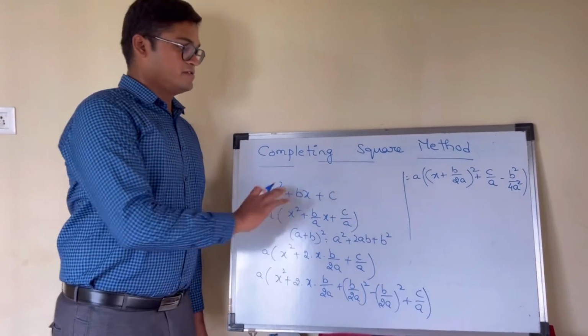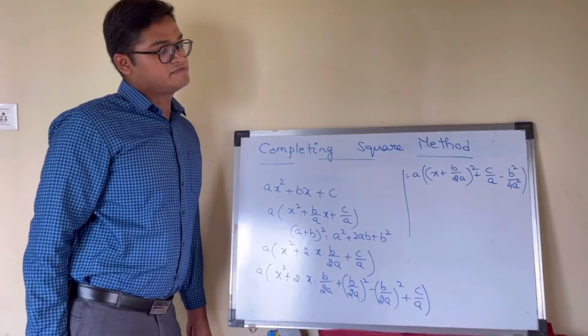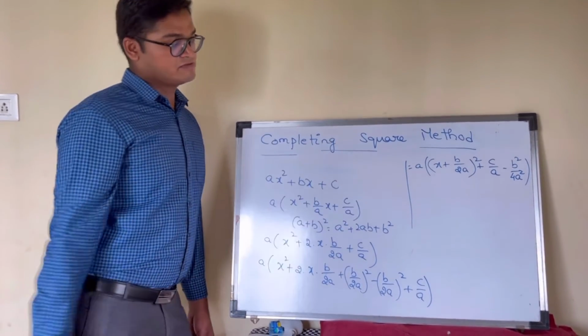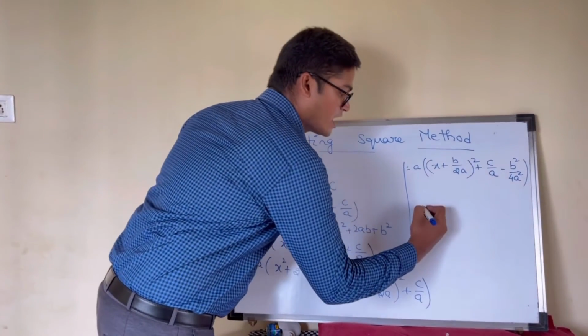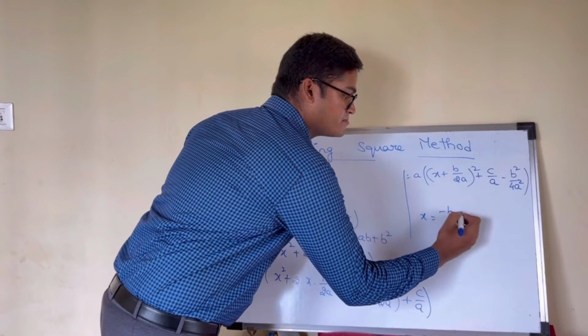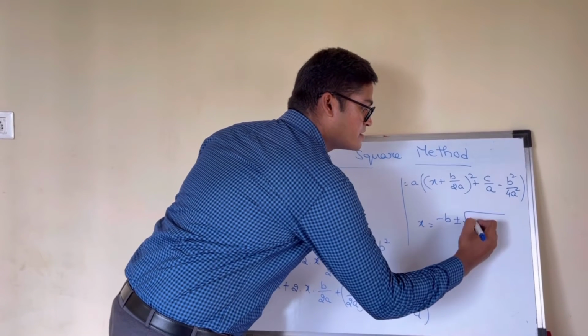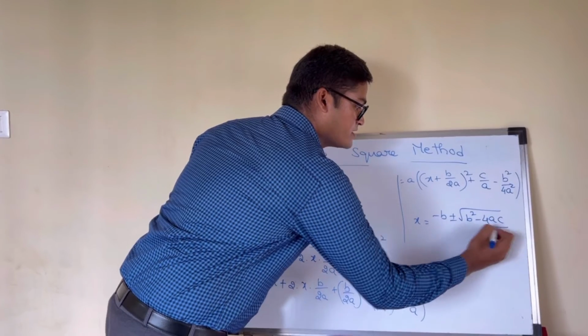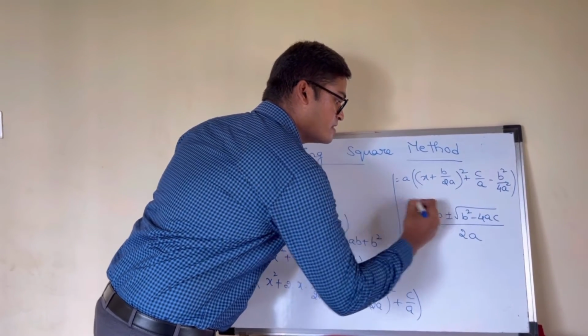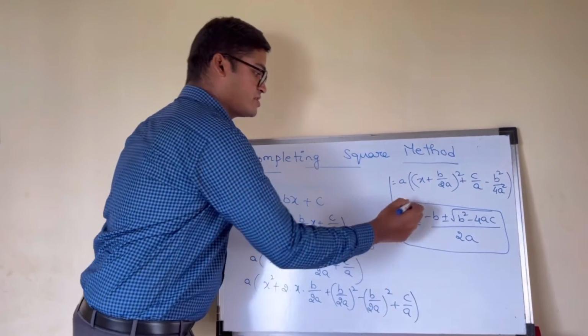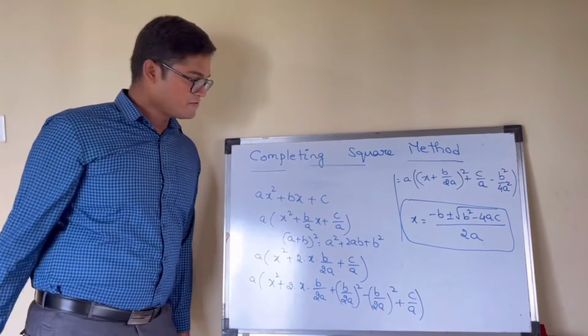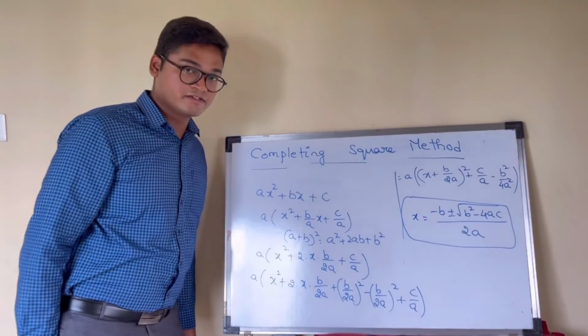So this is the completing the square method. When you equate it to 0, we finally end up with x equal to minus b plus or minus root of b square minus 4ac divided by 2a. This is the quadratic formula, right? But the origin of this is the completing the square method.